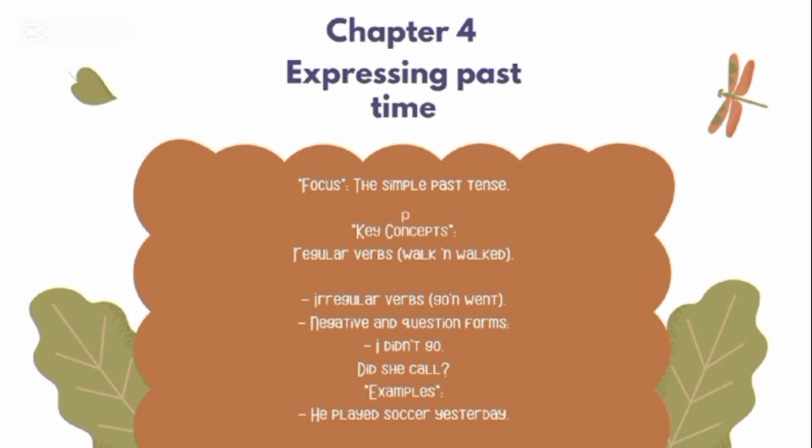Same as the present tense, but the difference is that for a regular verb you add -ed, like walk turns into walked, and the irregular verbs have their own form of the word for the past.